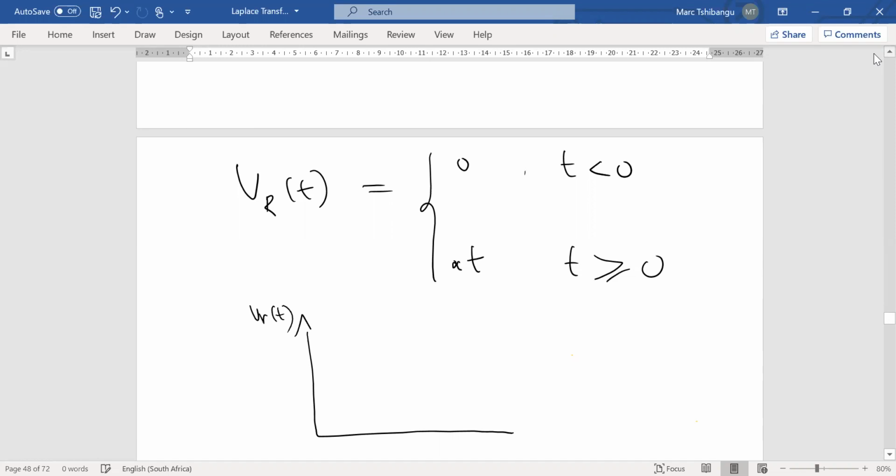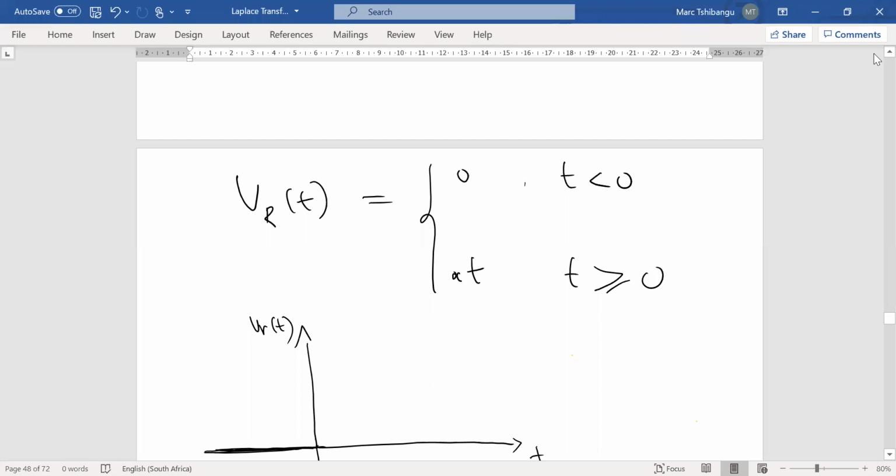The graphical representation of this function u_R(t) in terms of t. So here, when t is less than 0, our function is 0. So in this region, t less than 0, u_R(t) is equal to 0. However, at time t equal to 0, there is a change which happens gradually because this is a linear function of which the slope is a.